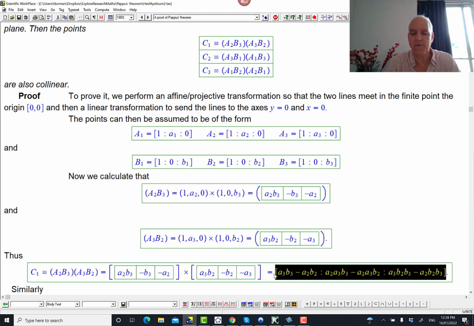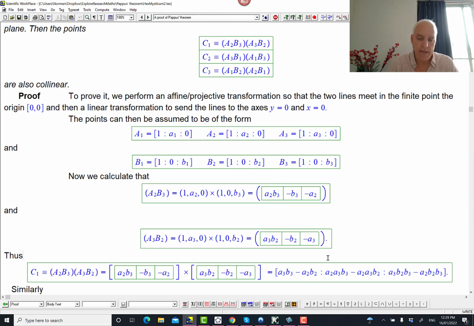So that's a projective version of the meet of those lines. Now, to actually get an affine point, we would divide by this first term to normalize it to 1. But we don't actually have to do that because in projective language, the collinearity doesn't depend on the scaling factor that's introduced there.